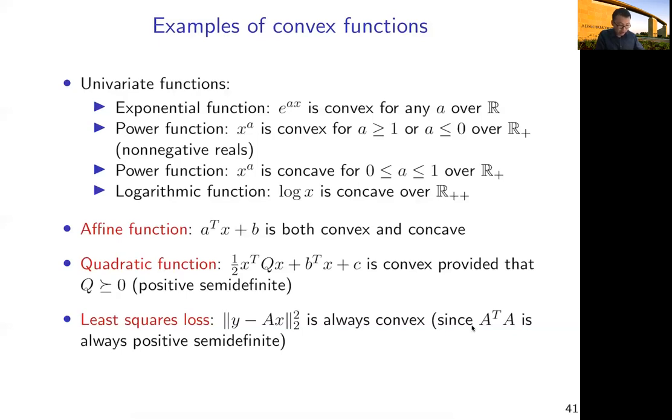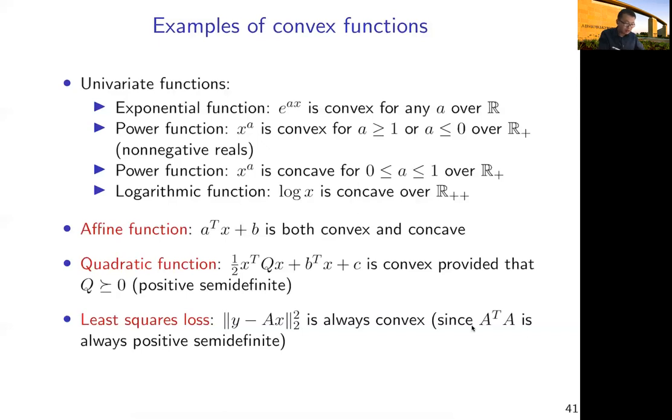Quadratic functions are convex under one important condition, right? So the quadratic functions are convex provided that the matrix that defines the quadratic function is positive semi-definite.